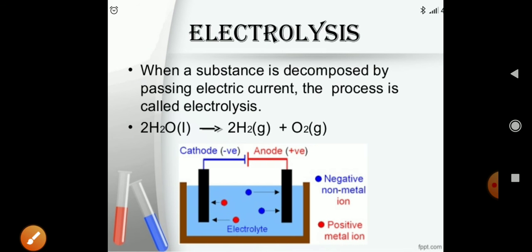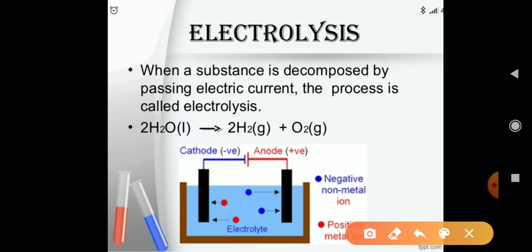If electrical energy is supplied for decomposition, it is called electrolysis or electrolytic decomposition. In electrolytic decomposition, when a substance is decomposed by passing electric current, the process is called electrolysis.